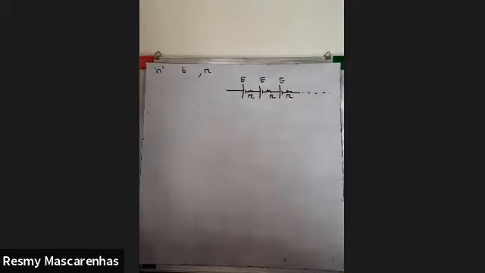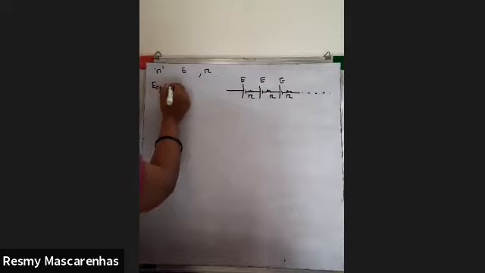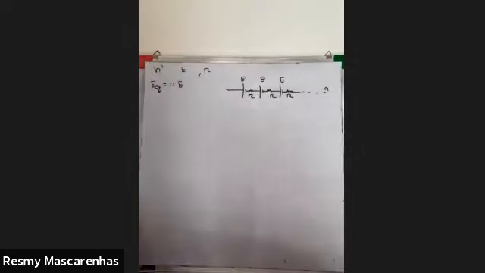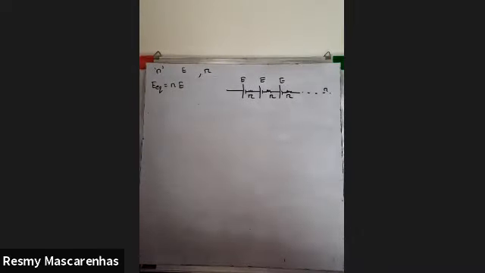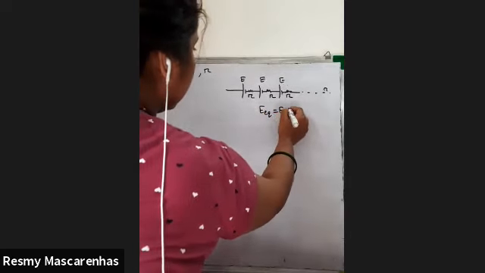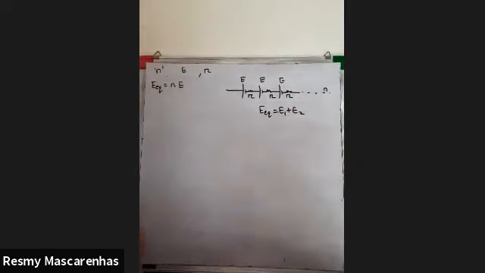Then the equivalent EMF, E equivalent, is given as n times E. The same thing I have given. What formula did we get when two cells were connected? E1 plus E2, correct?